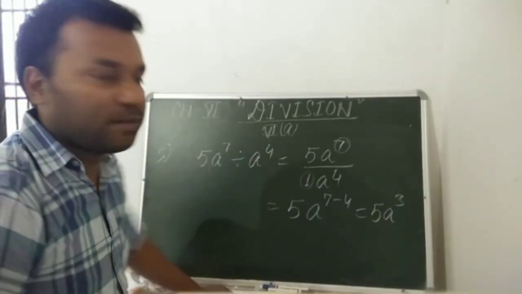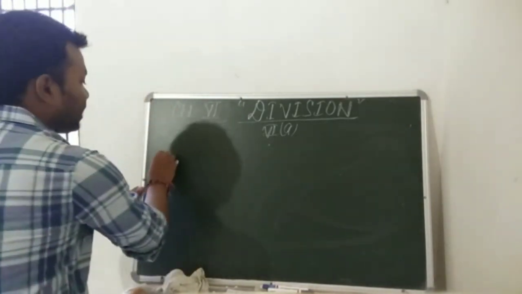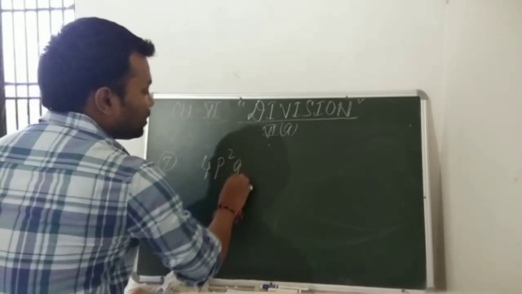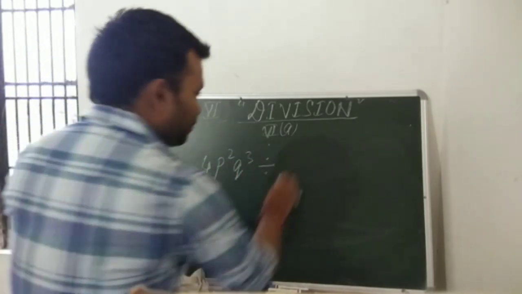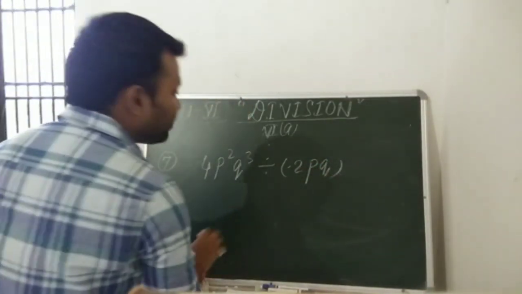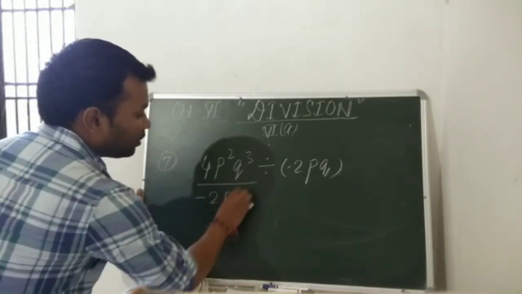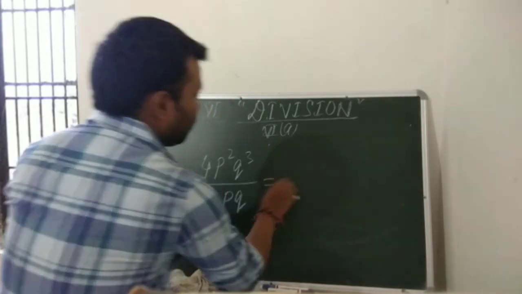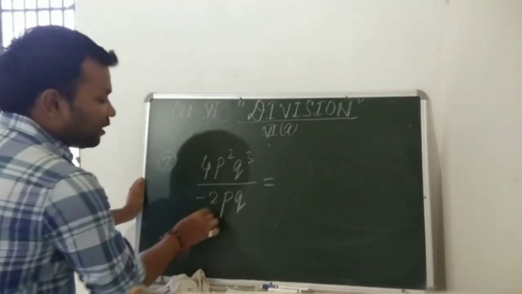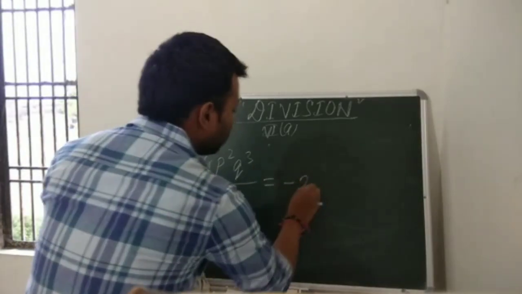Now let's take one more example. This time we will take question number 7 of this exercise. In this question, 4p squared q cubed is divided by minus 2p cubed. Students, we will follow the same procedure, that is, we divide number by number. 4 divided by 2 gives 2, and the sign is negative, so minus 2.